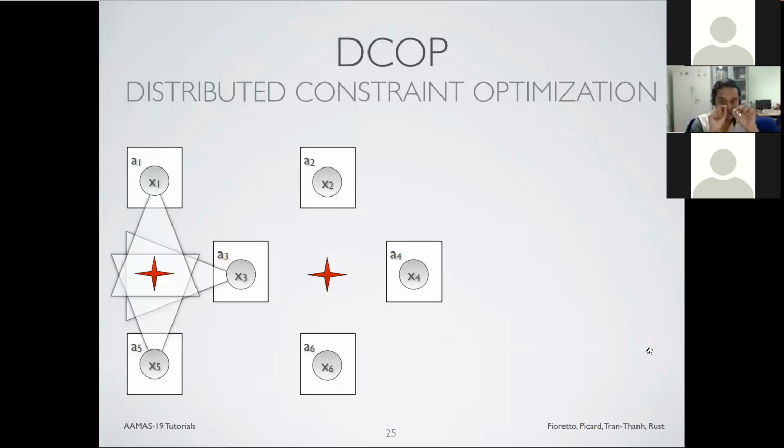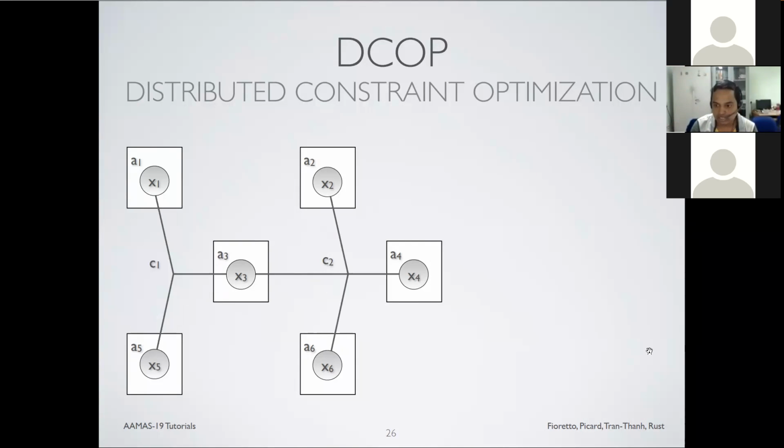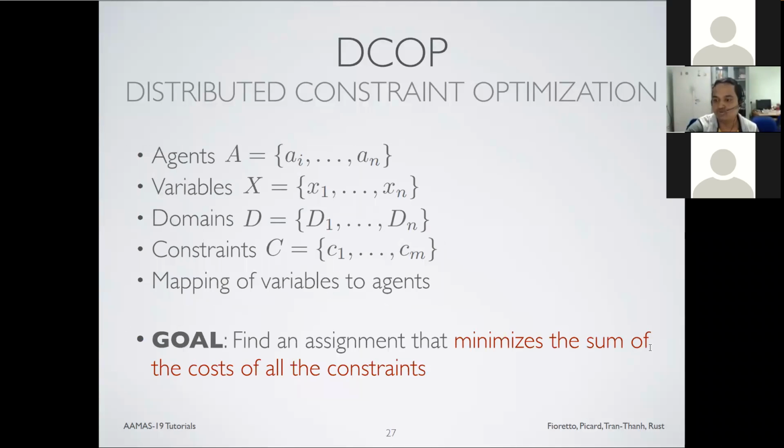So an agent is responsible for choosing the value of x1, whether it will choose north, south, east or west. That's why the domain will be east, west, north, south. Maybe for a graph coloring problem, it will be the set of colors, maybe red, black, green.